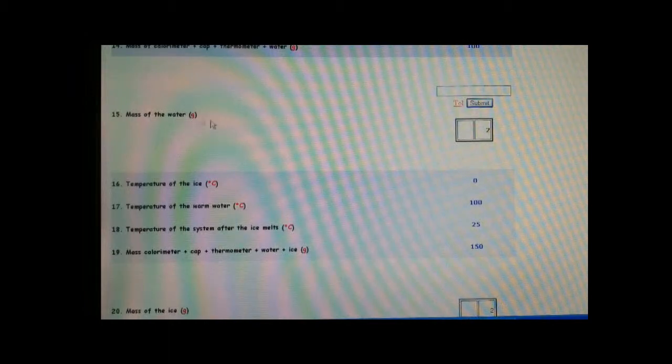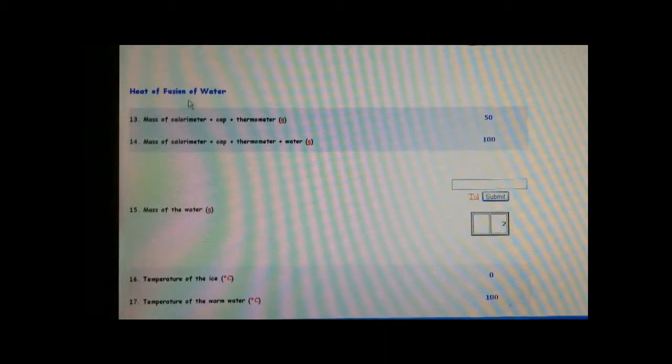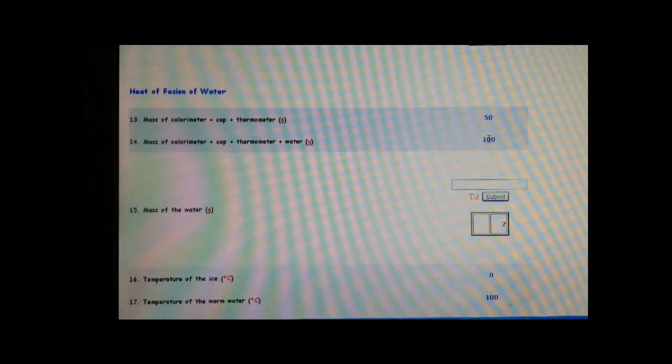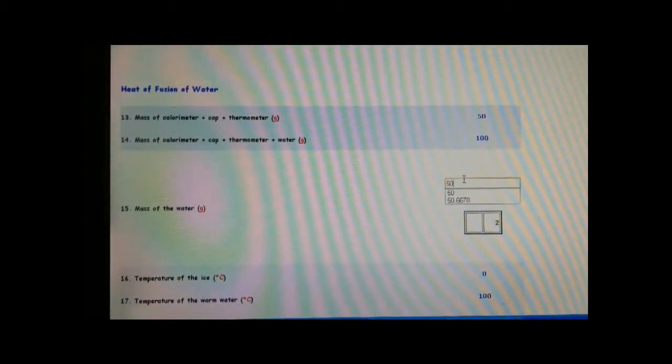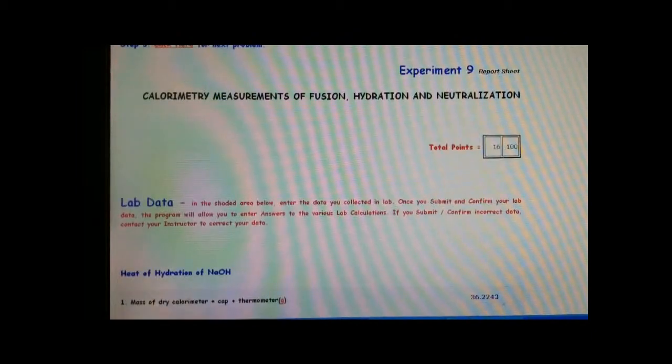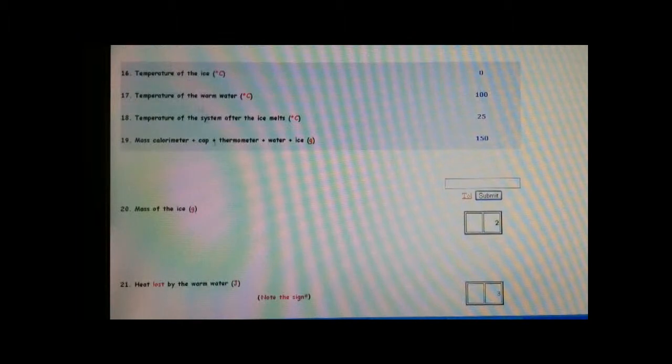Next, we're starting the heat of fusion section. This is where I have my rounded values. The mass of the water is just going to be the difference, like before, 50 grams. And the mass of the ice is also going to be a simple difference.